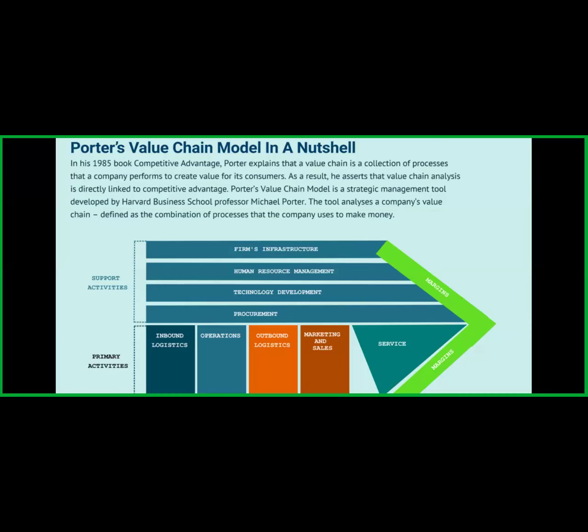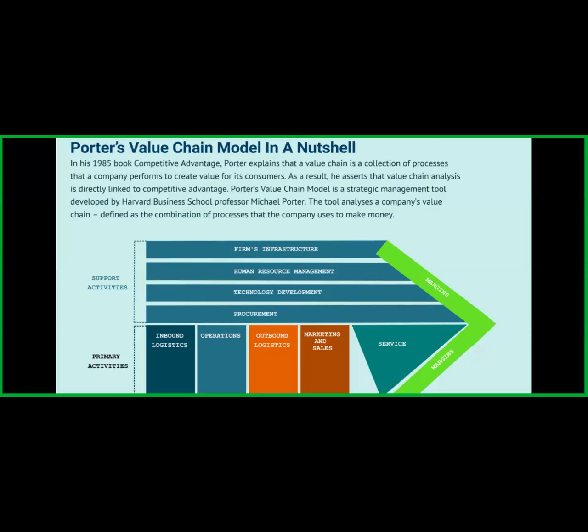Now, under support activity, it is written firm's infrastructure. Firm's infrastructure means the company's infrastructure. For manufacturing a particular product, we need certain kinds of machines, so a strategy has to be prepared for where we will be getting those machines. Is all the infrastructure required, like machines, tools, and other equipment, available in the company or not?